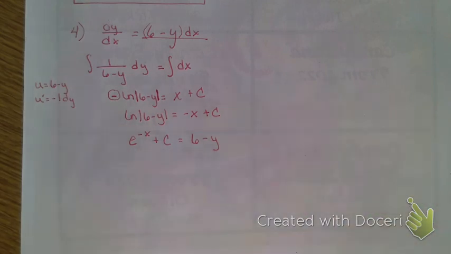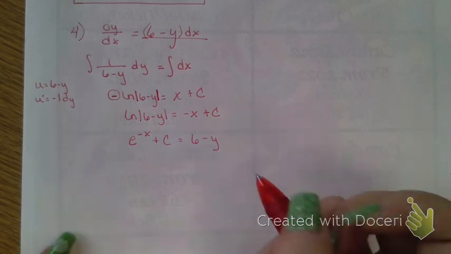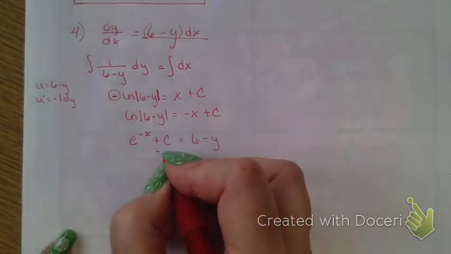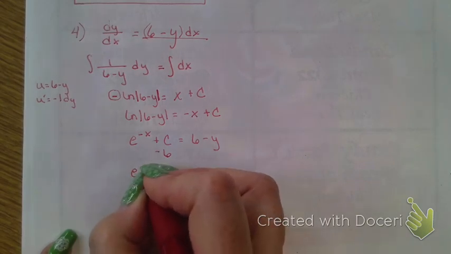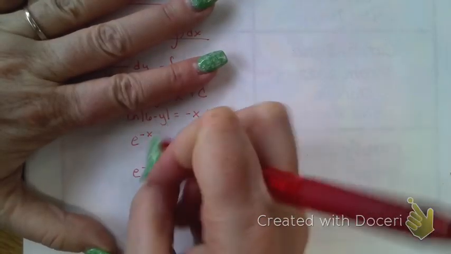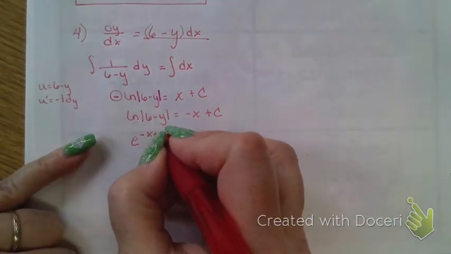Okay, I'm still looking for y equals. Then you can manipulate that by adding y over, or subtracting 6. Let's just subtract 6. When I subtract 6, I subtract it from the c, and I still get C. So I get e to the negative x plus c. Where's that plus c supposed to be? Isn't it supposed to be in the exponent?